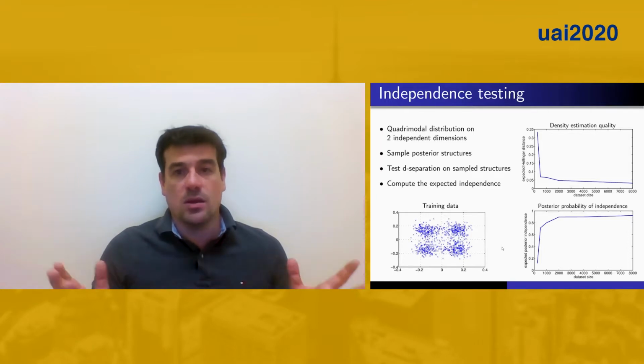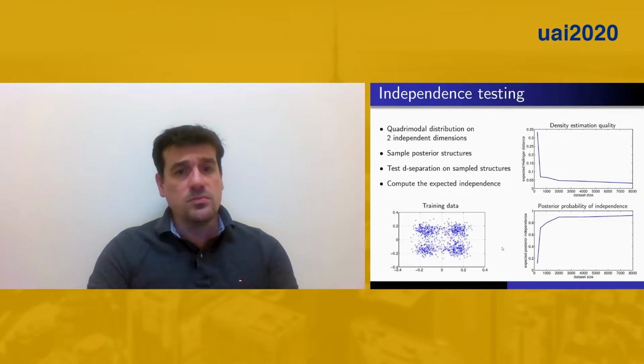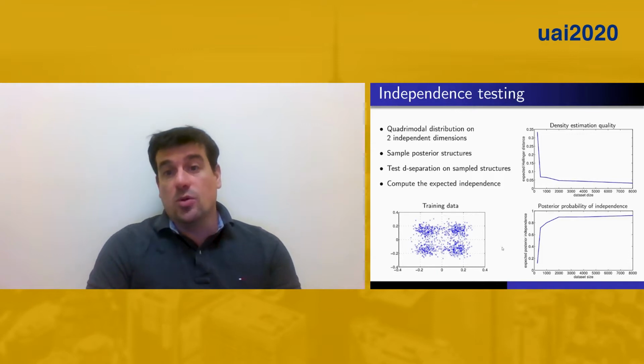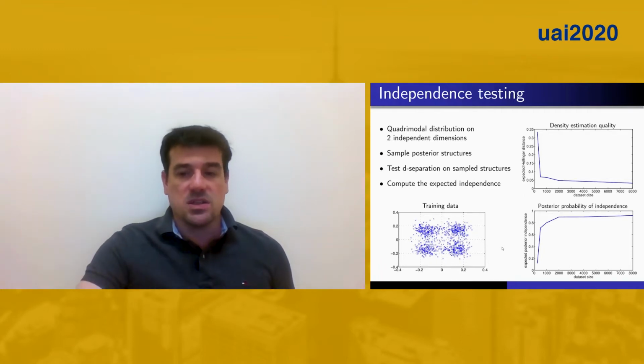So we tested all structures from the posterior distribution for d-separation, and according to the set of posterior samples, we determine the posterior d-separation. And as the training set size grows, we get closer to a posterior independence test, basically. So this is a demonstration of doing independence tests and d-separation with this approach.